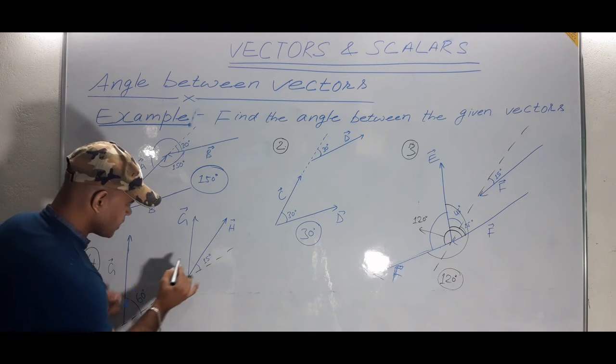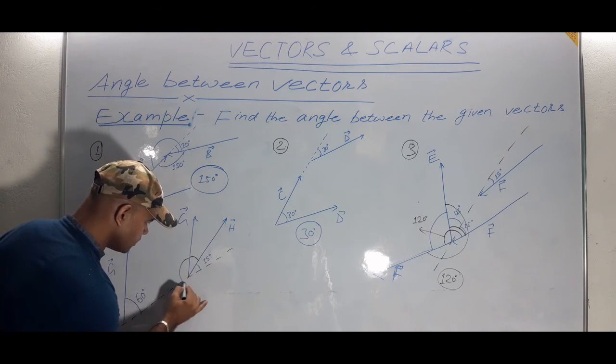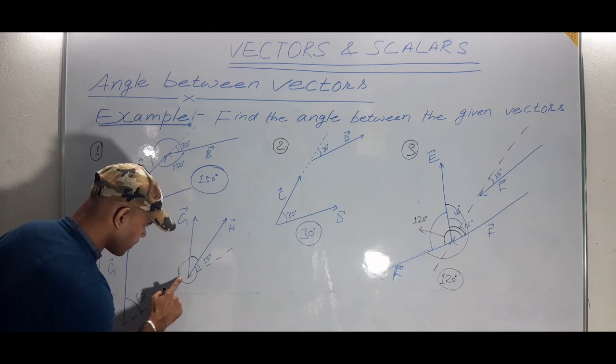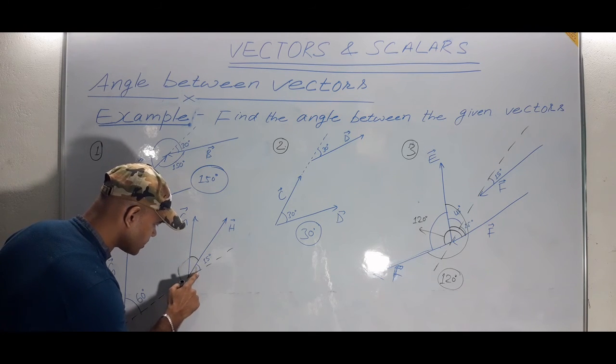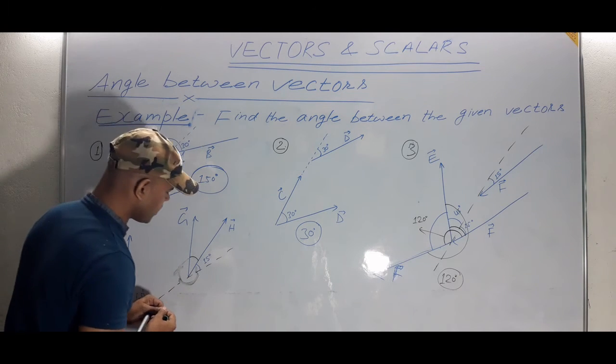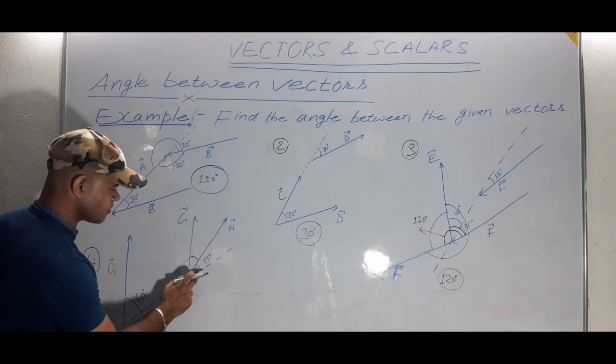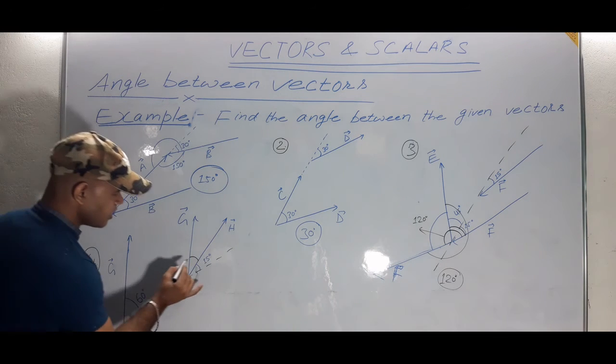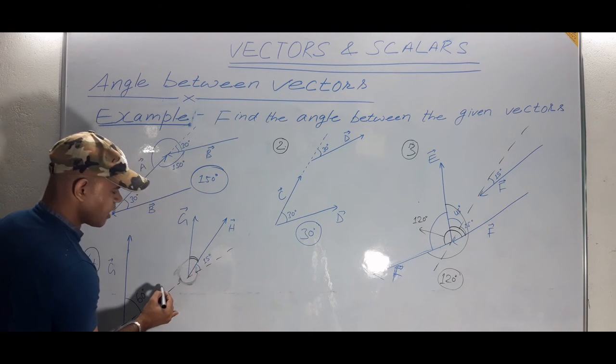We have to find this angle, not this angle. We have to always find the smaller angle, or less than equal to 180 degree. You have to keep in mind either of these two things, a smaller angle or less than equal to 180 degree, whichever feels comfortable. So see, this angle is what I am going to calculate.